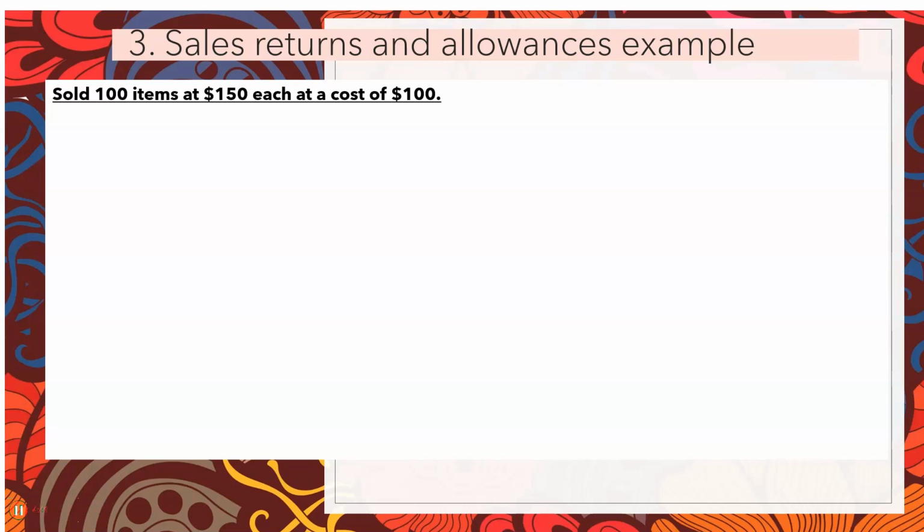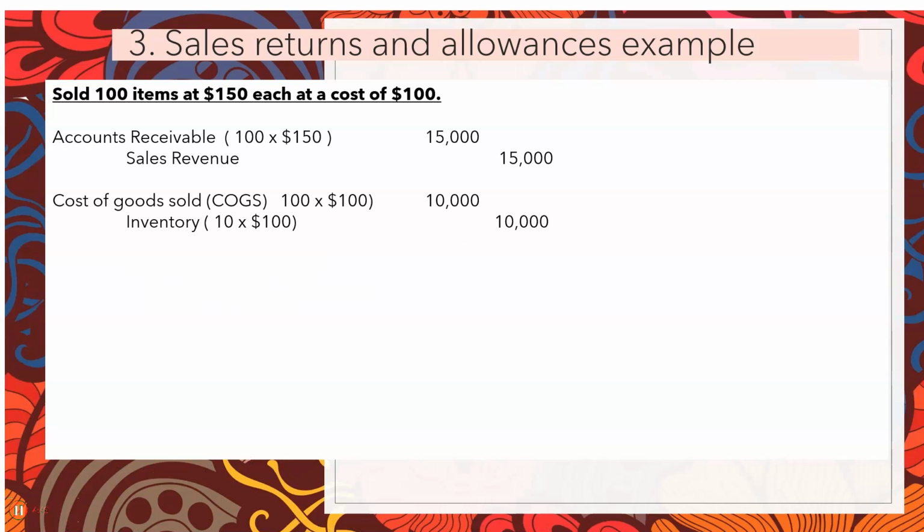We sold 100 items at 150 each at a cost of $100. So we first book the revenue. Then we book the cost of goods sold. And now we believe that we're going to get 10% of these sales back based on our history, or industry averages if we don't have a history.